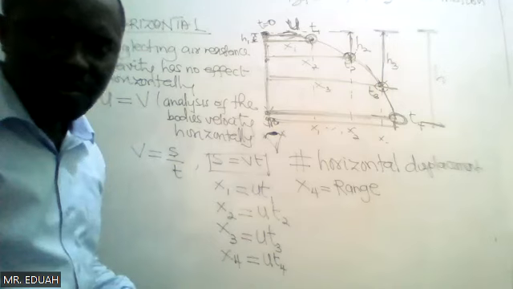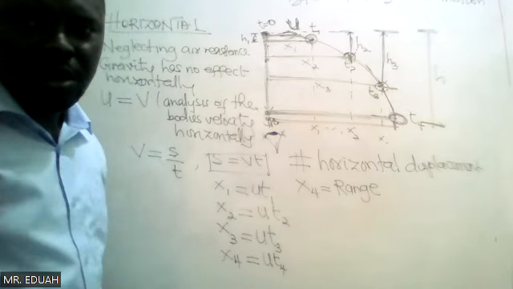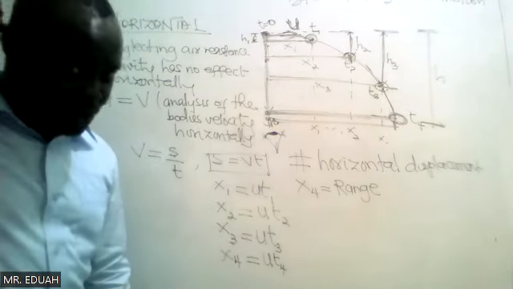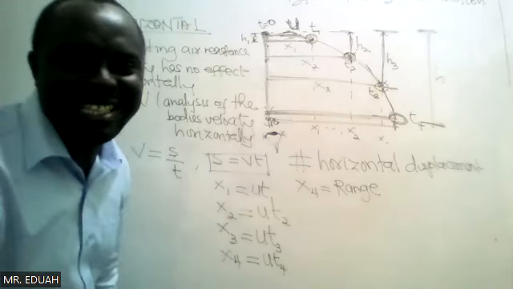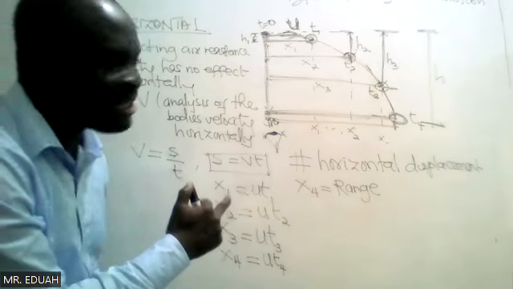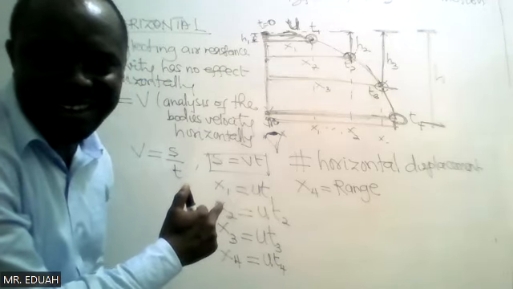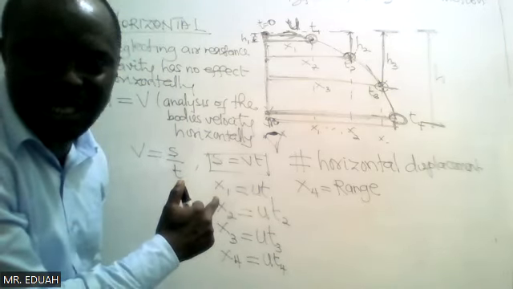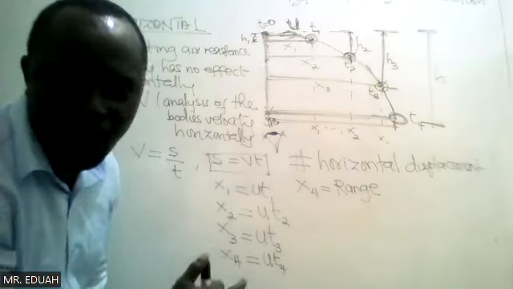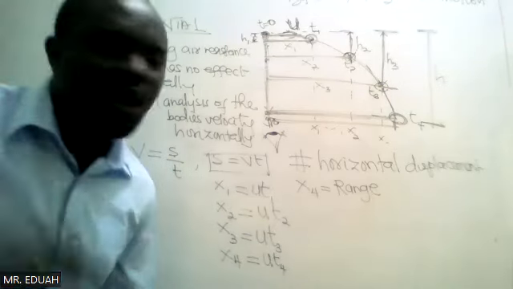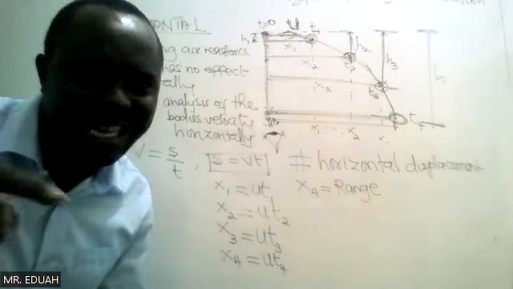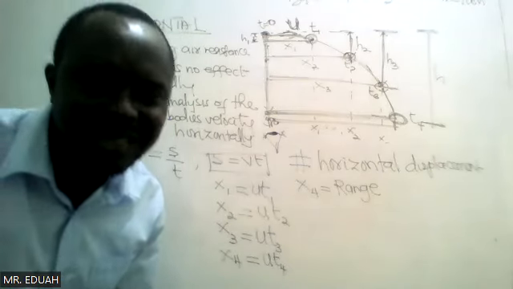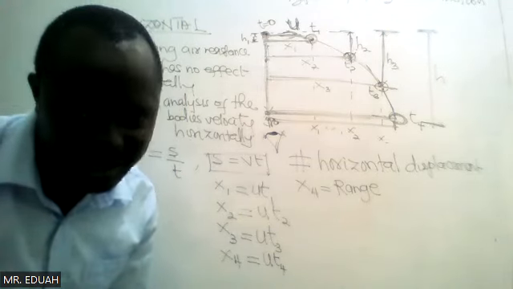Which letter? T4. And because T4 is the total time, there is a name given to it, and that is what we call the time of flight.